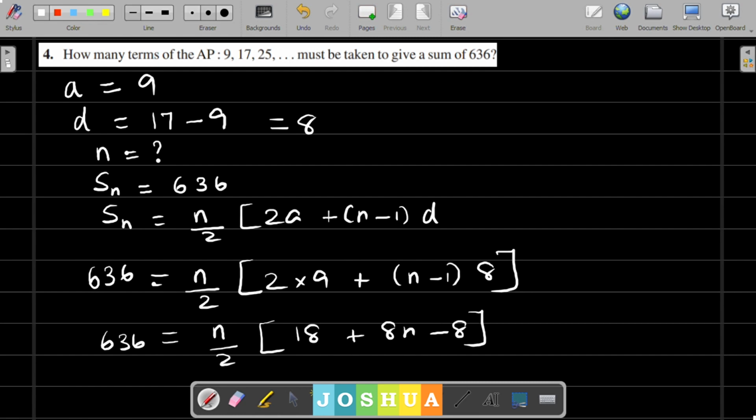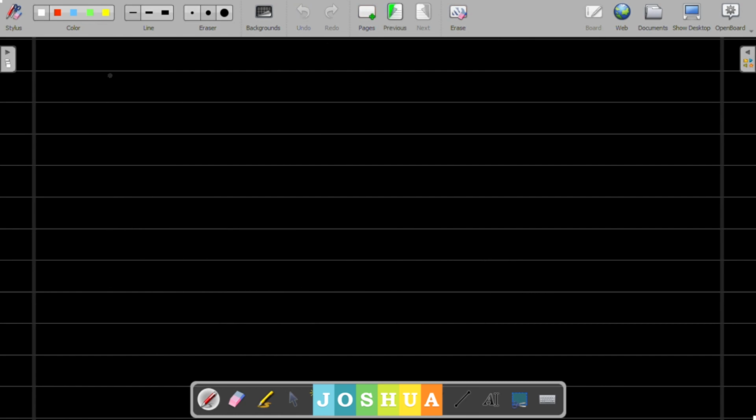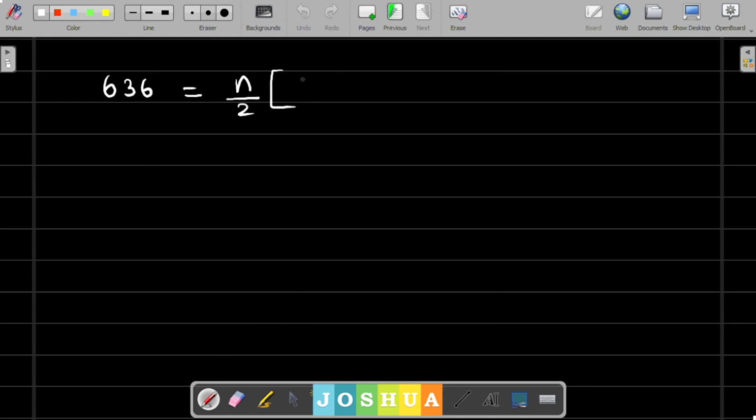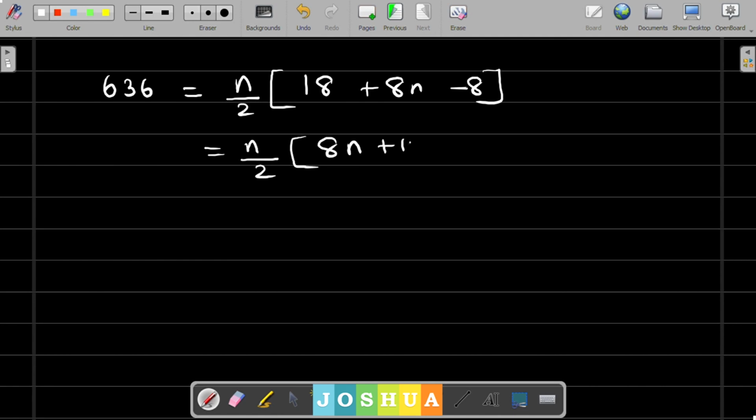I will continue here. 636 is equal to n upon 2, and inside we have 18 plus 8n minus 8. Now this will change to n by 2 times (8n plus 10), because 18 minus 8 is 10.